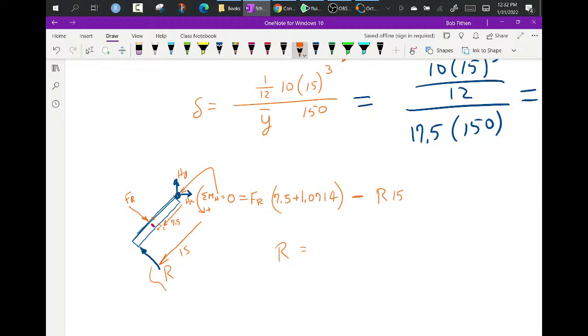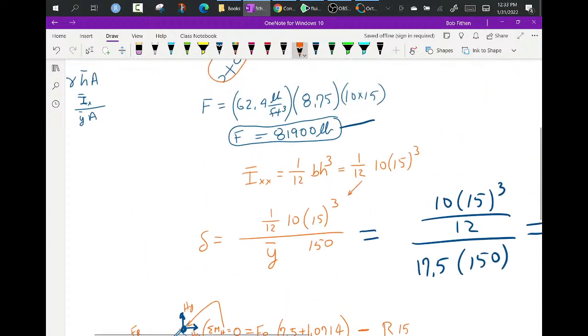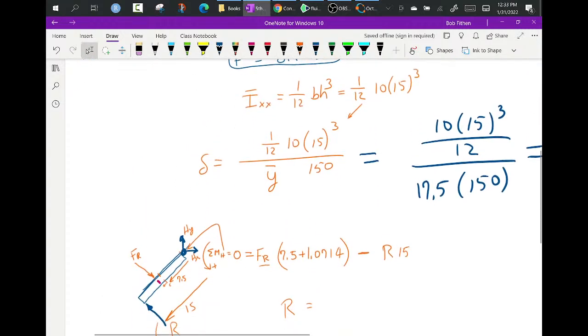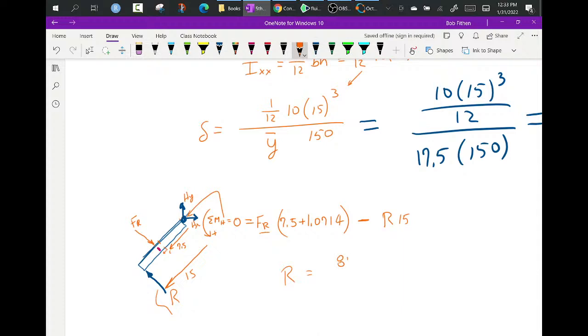Now I figured out my resultant force a minute ago: 81,900 first times 8.5714 divided by 15.